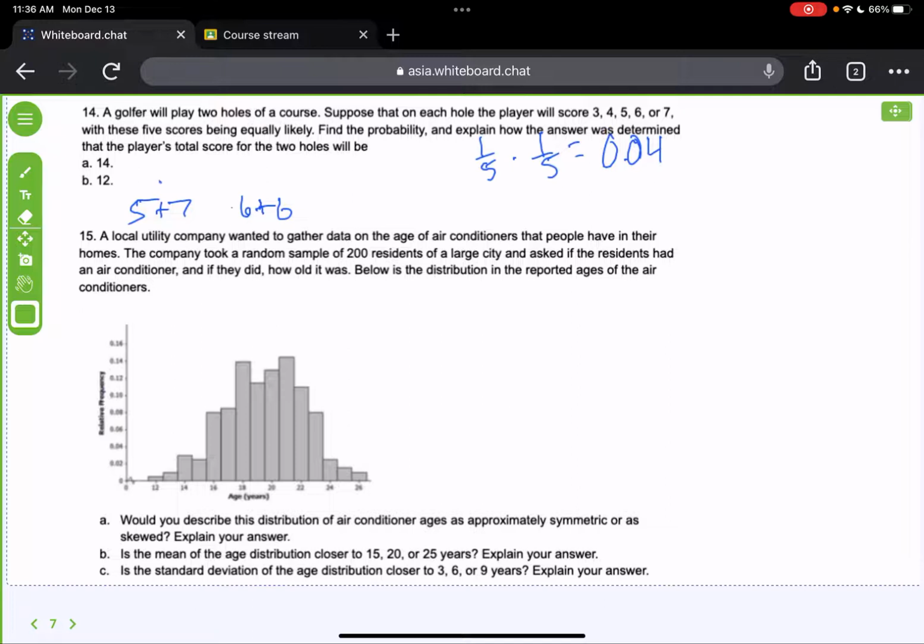Okay, so what we're going to do is multiply these probabilities but add it to this probability, and we know that they're all the same: 1/5 times 1/5 and 1/5 times 1/5, which we already know to be 0.04. So if we add that together or multiply it by 2, the answer for B would be 0.08.